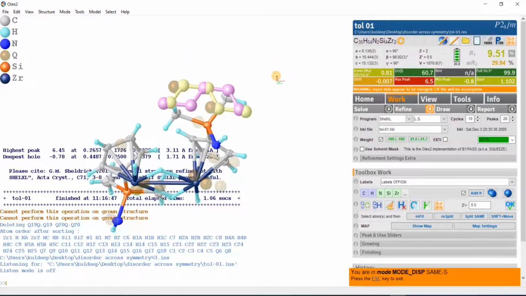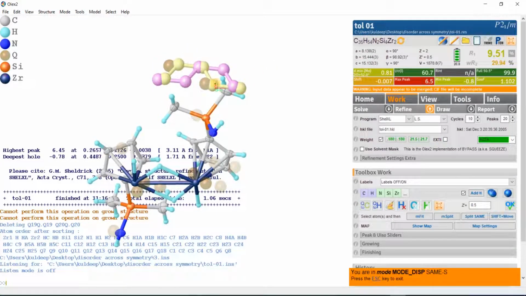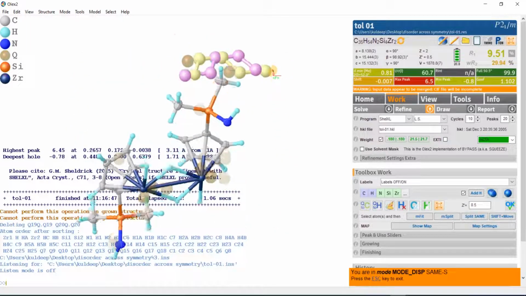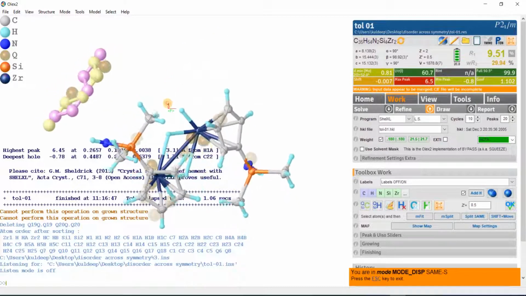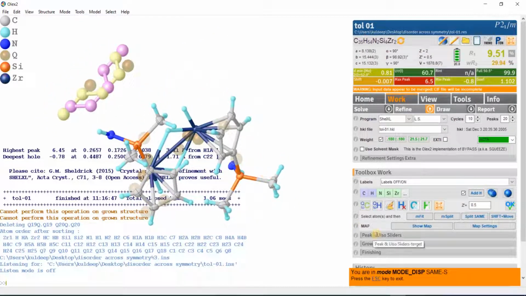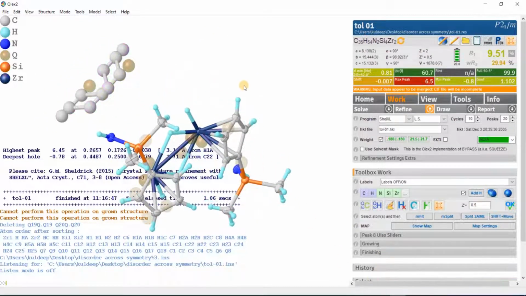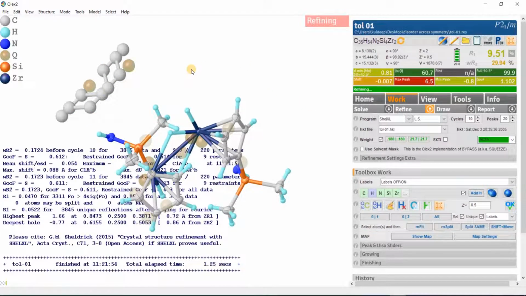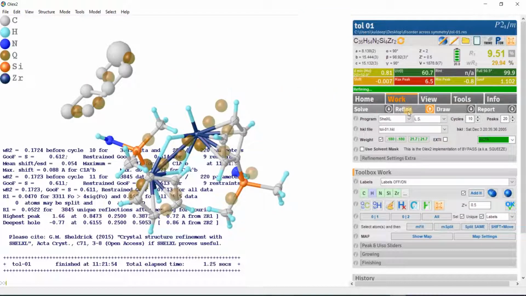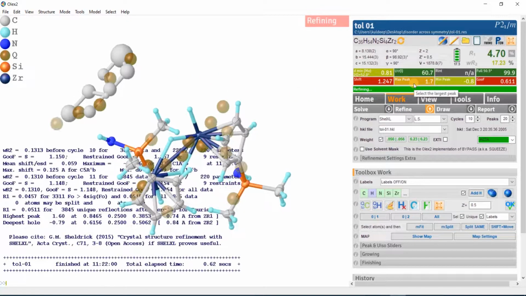Okay. Now it seems to be nice. Now press escape and refine. Refine one more time. The maximum Q peak is around 1.7 only.